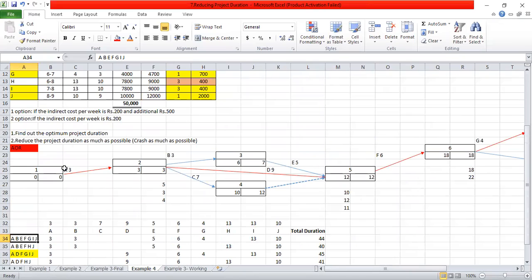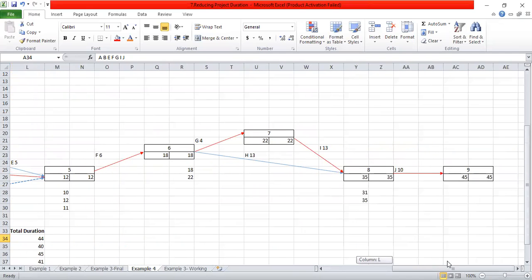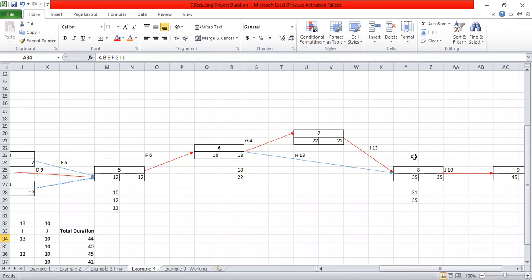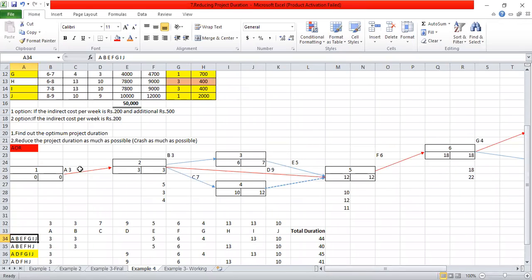So the third path is A, D, F, G, I, J. The fourth path is A, D, F, H, J, right? So we have written down 4 paths now.